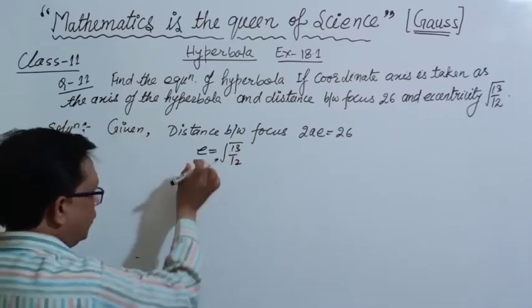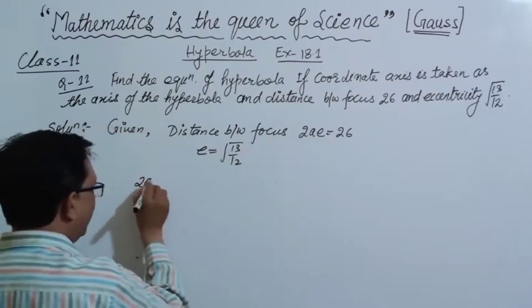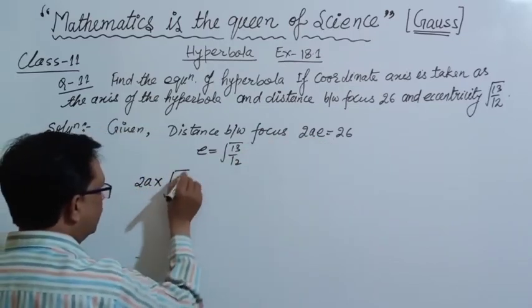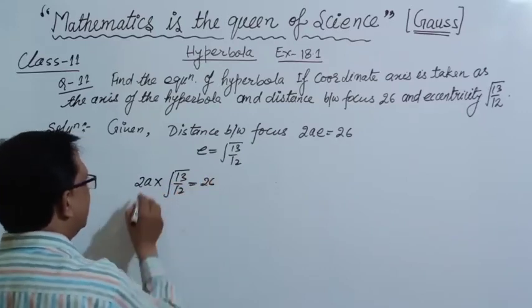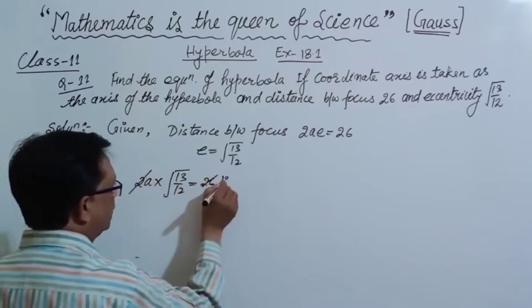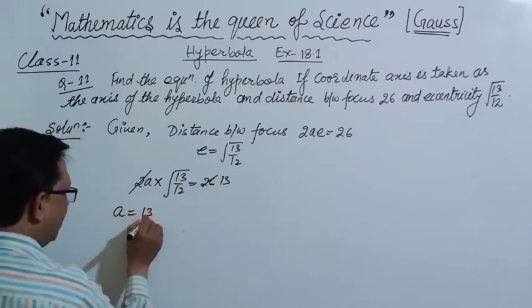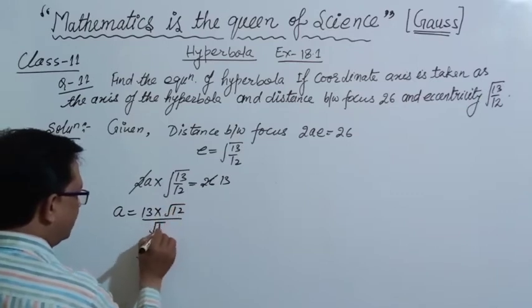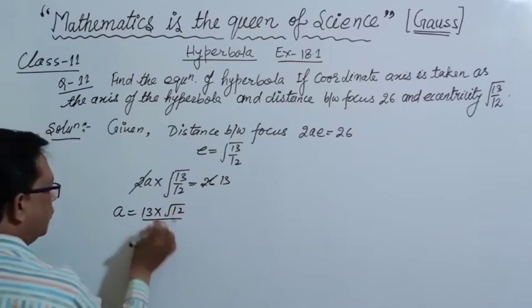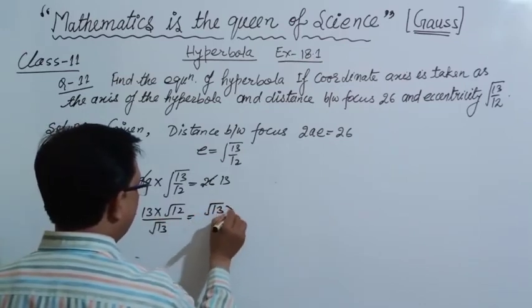Now student, we substitute the value of E here. So 2A, the value of E is root 13 upon 12, is equal to 26. This cancels out, this is 13. So A is equal to 13 into root 12 upon root 13. So this cancels out, so this is root 13 into root 12.